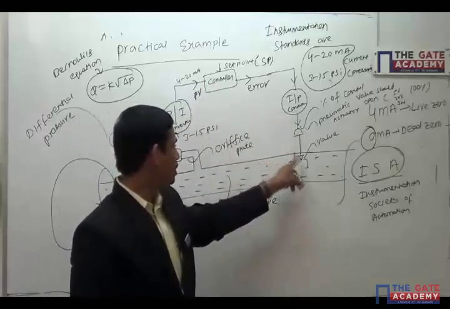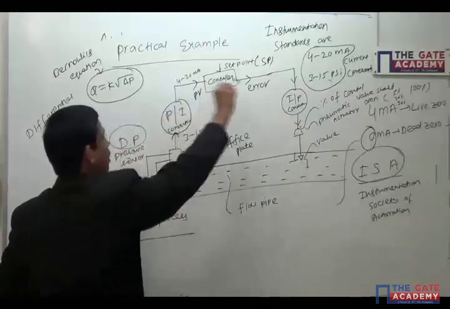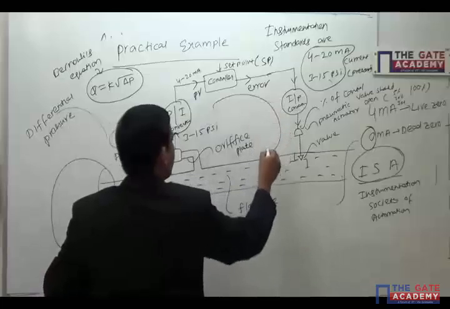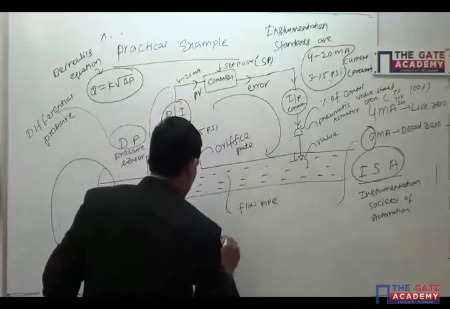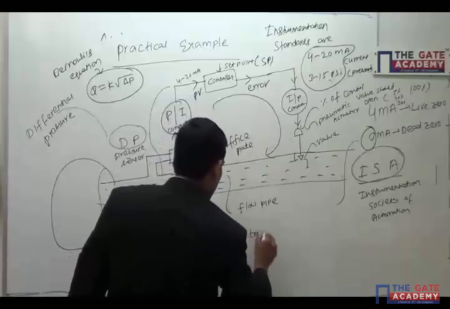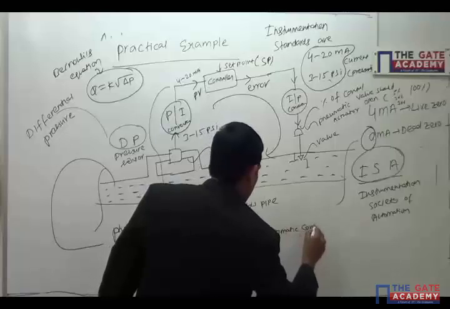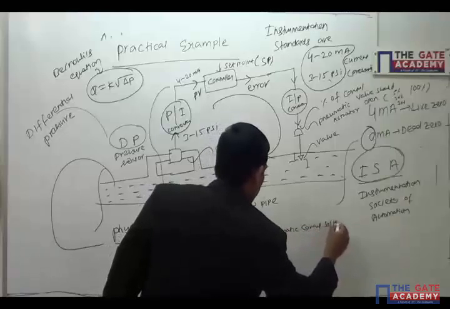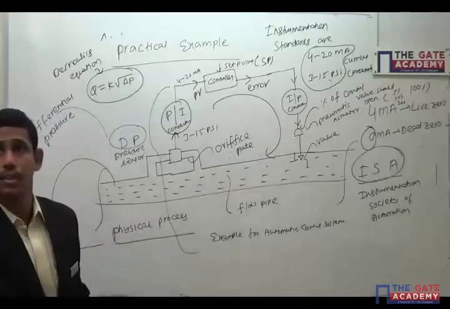Depending upon that, this valve will open. Again, the flow rate will be measured by this. Like this, it is an automatic control system. This is an example of an automatic control system.